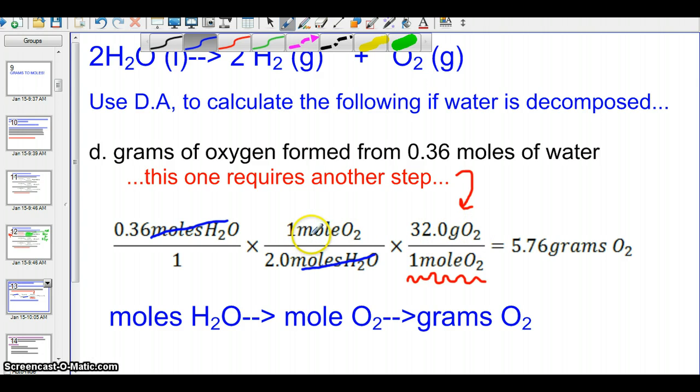Notice in this case, the moles of oxygen will cancel the moles of oxygen here. If you notice, the first proportion allowed me to go from moles of water to moles of oxygen. And then the second proportion or equality allowed me to go from moles of oxygen to grams of oxygen.